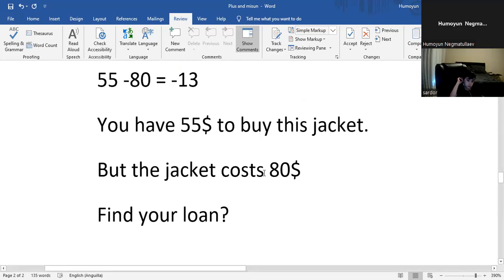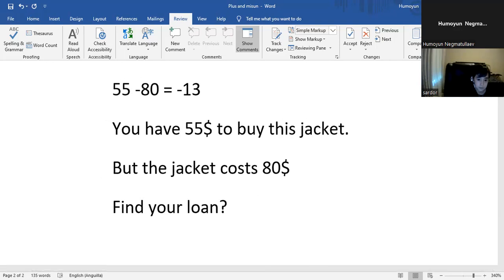Find your loan. $25. Your loan is going to be 25.